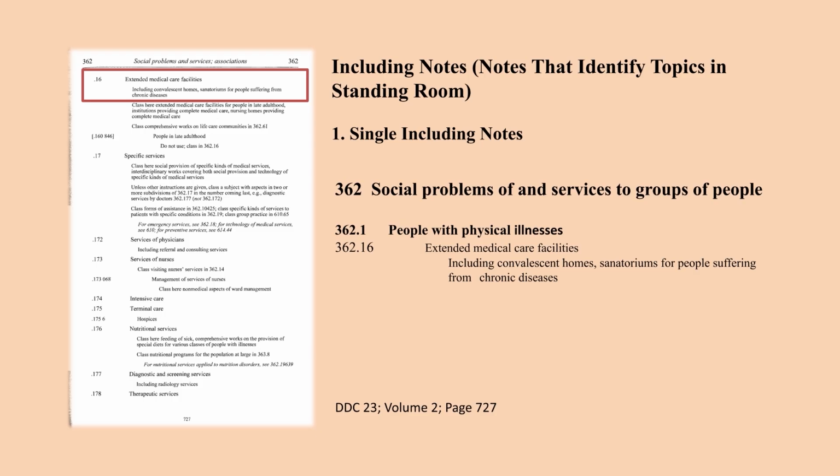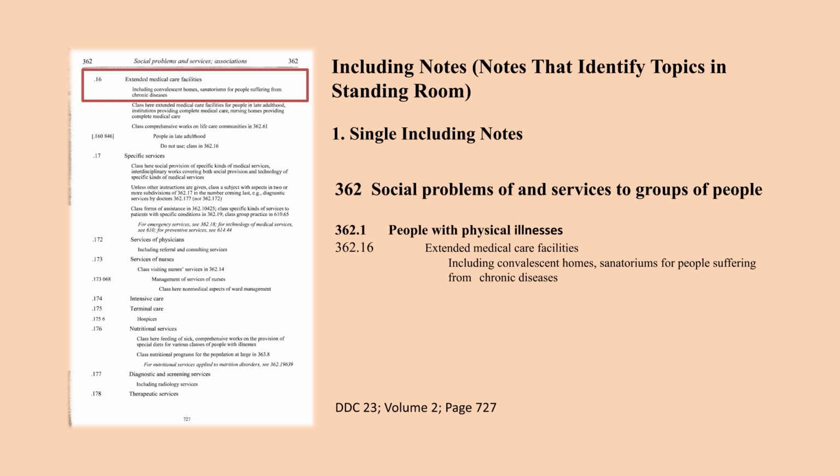And finally, 362.16, extended medical care facility, where it is recorded including convalescent home, sanatorium for people suffering from chronic diseases. Sanatorium or such kind of room we have already heard of during the period of COVID. So this is one including note that we will get under 362.16.